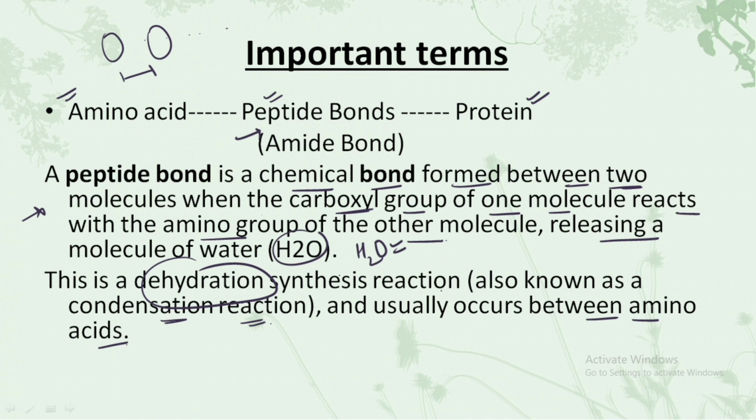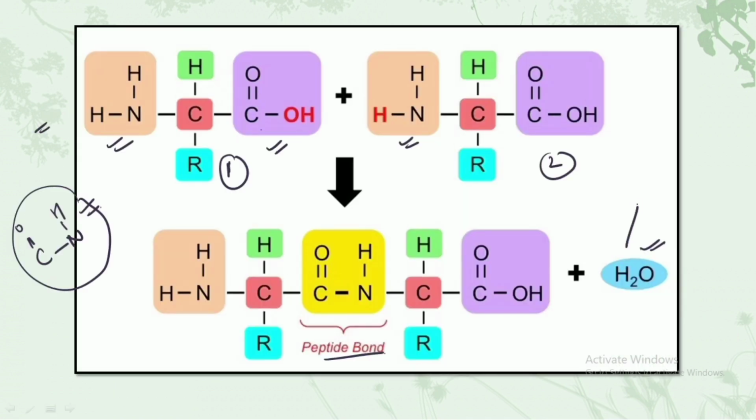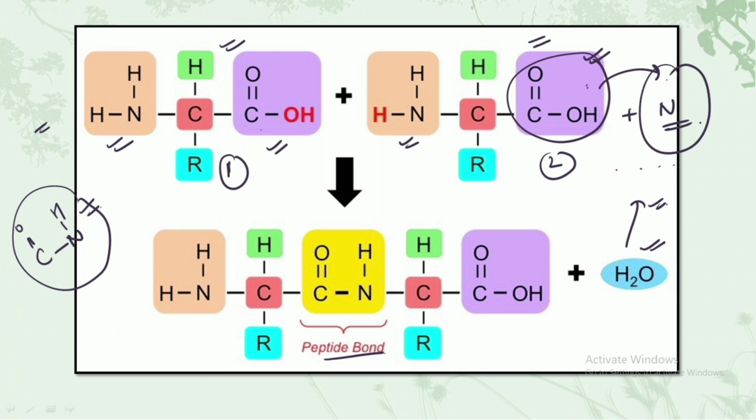Why? Because in this there occurs the release of a water molecule, and you can see that this is the first amino acid and this is the second amino acid, and this linear chain continues. That is, we would have the next amino acid present here, in which the carboxyl group of the second amino acid and the N terminal of the third amino acid would be interacting, and the same peptide bond would be formed, and we would have a complete protein formed as a result.